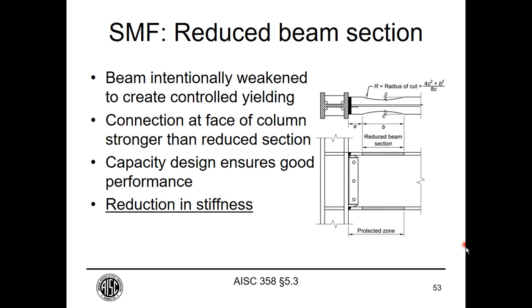So we set our drift limit at 2%. In order to meet that drift limit, we have to use an effective stiffness for these beams that is consistent with the use of the RBS, or reduced beam section connection. Also, because of the narrower flange width in this region, there is a potential reduction in stability that has to be considered.